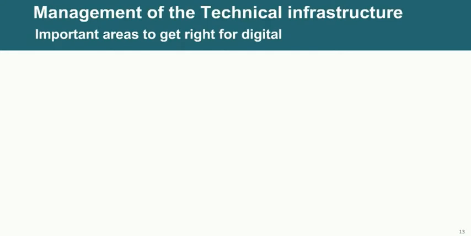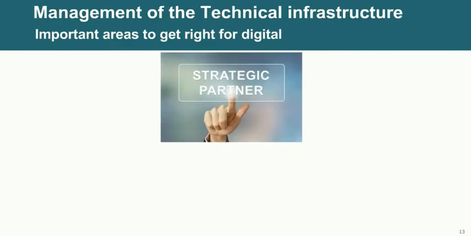So for TIM to be successful, there are a number of key areas that we need to get right for a digital business or to support a digital transformation. The first one is the idea of IT being a strategic partner. The advent of digital has changed the nature of the IT infrastructure conversation from a purely technical to a strategic focus.